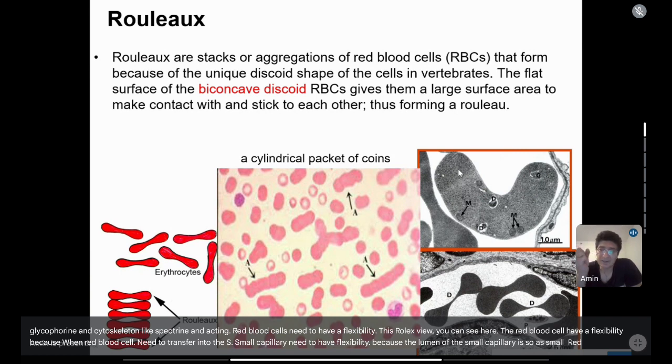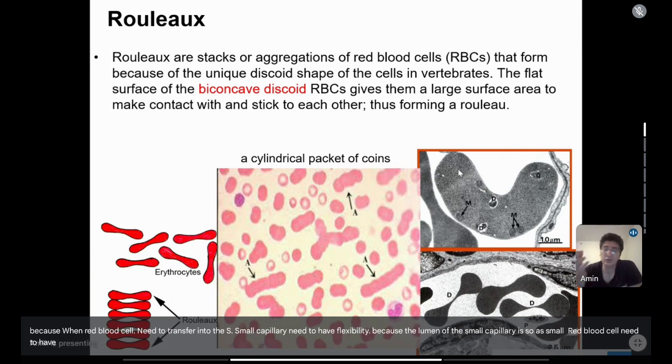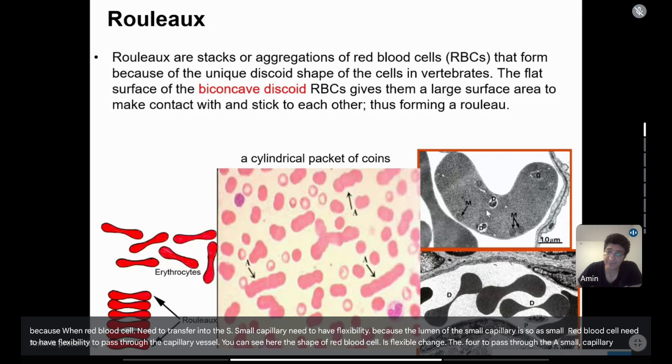Red blood cells need flexibility to pass through the capillary vessel. You can see here the shape of the red blood cell is flexible, changing form to pass through the small capillary vessel.